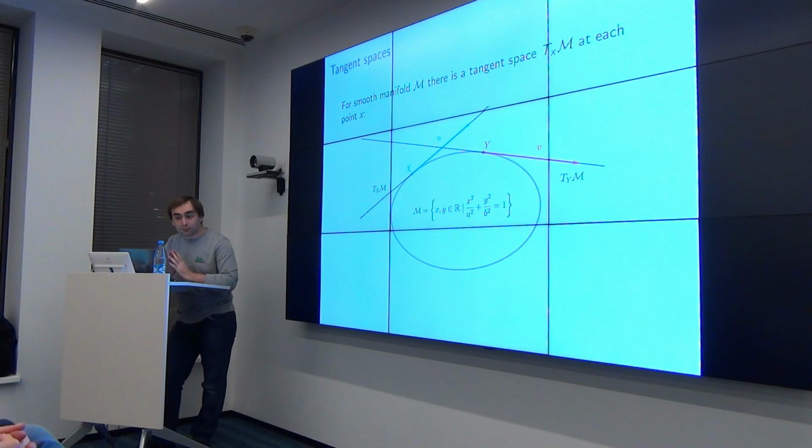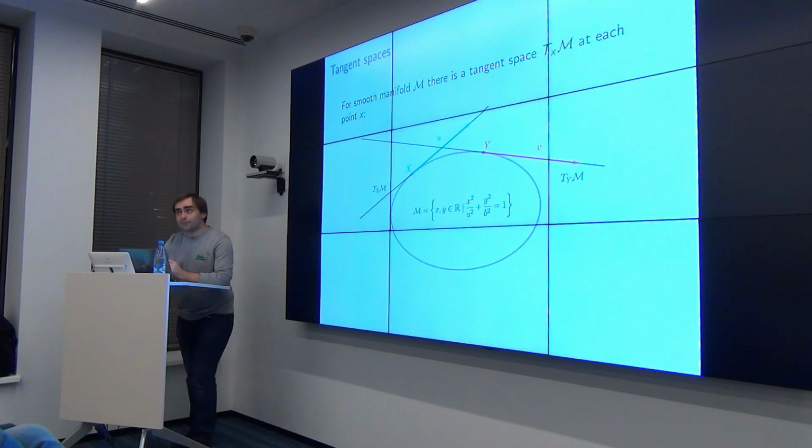Wait for a moment, but you've told that a manifold is something which behaves locally like Euclidean space. Does it mean that this already should be a smooth manifold? If the manifold is not smooth at some point, then in the proximity of this point, the manifold will not behave like a Euclidean space. Maybe not.